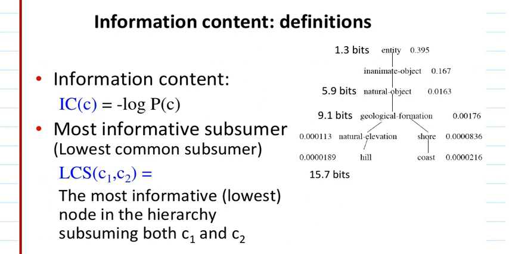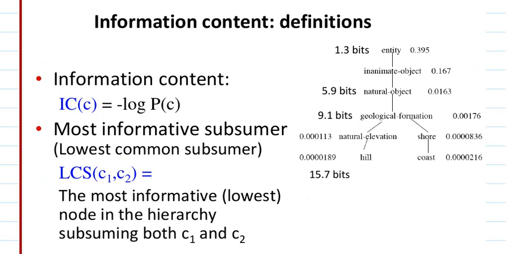So now information content with respect to a concept can be defined in the same way, minus log p of concept, and we can also define another measure, that is the lowest common subsumer between two concepts.